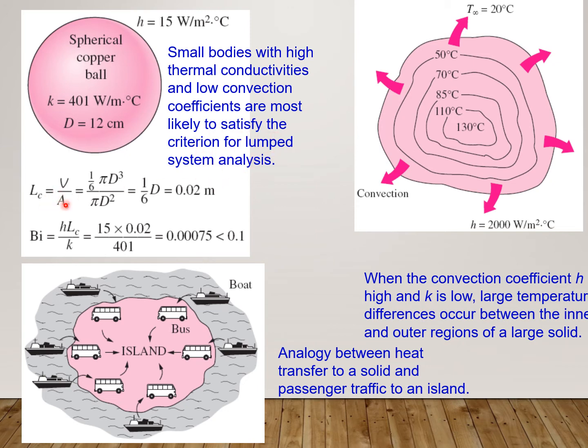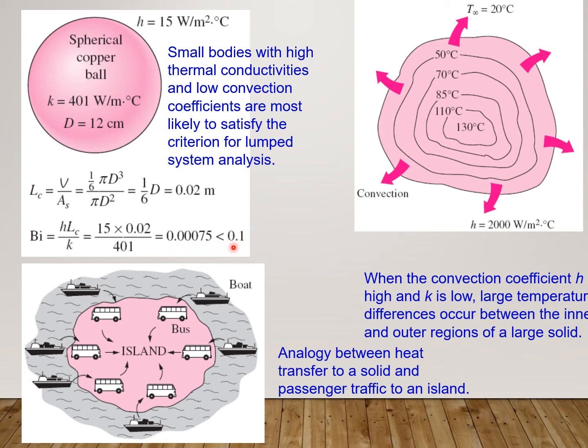So LC can be calculated as V upon AS, which is the volume, 1 by 6 pi d cube, over the area, pi d square, and after cancellation it comes out to 1 by 6 d. Upon calculating we get 0.02, and for the Biot number we get h LC by k, which is equal to 15 into 0.02 upon 401, which is equal to 0.00075.